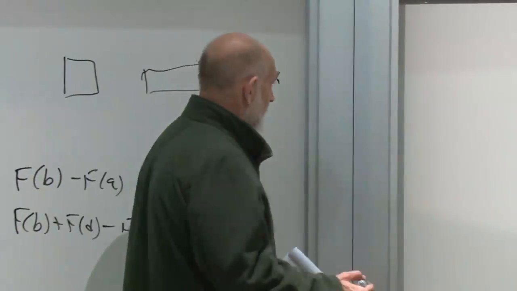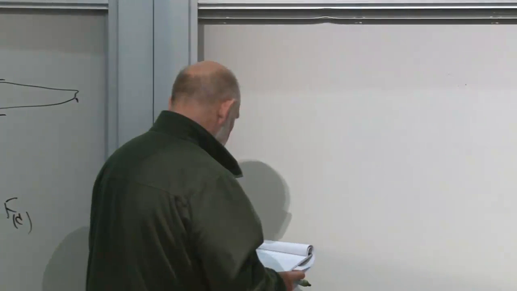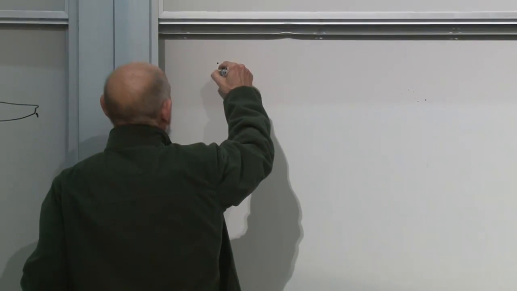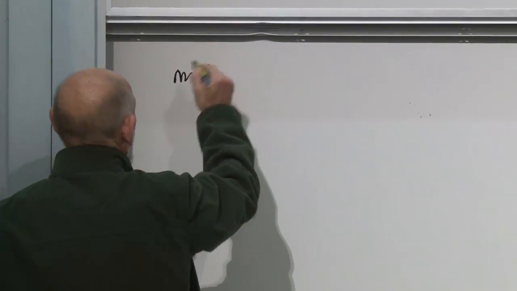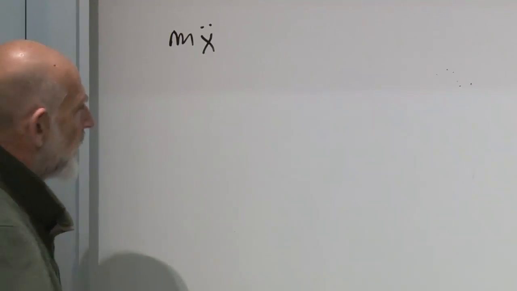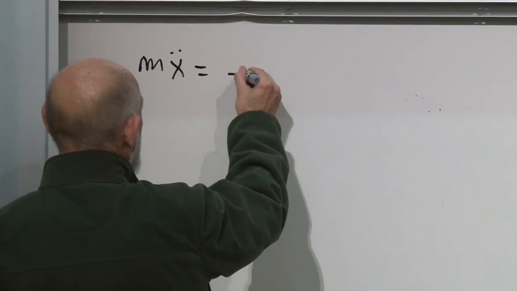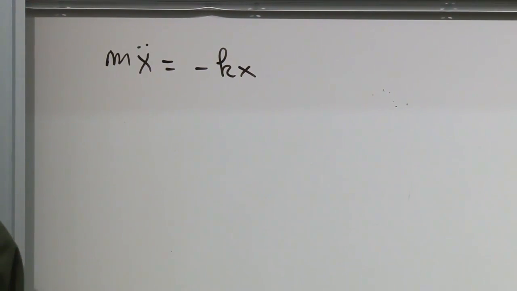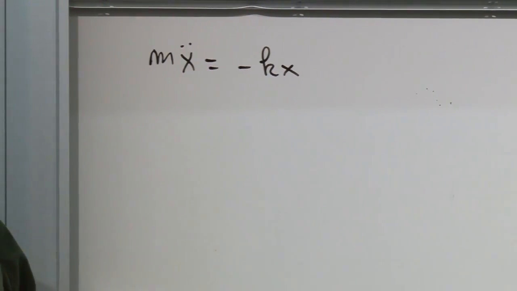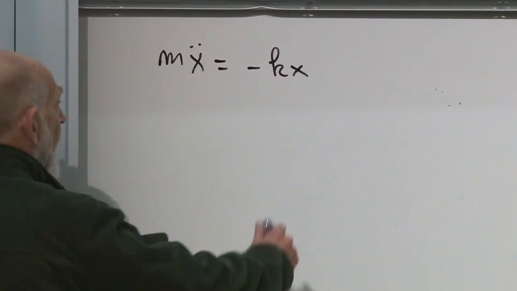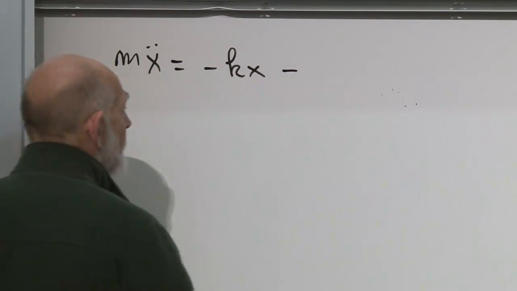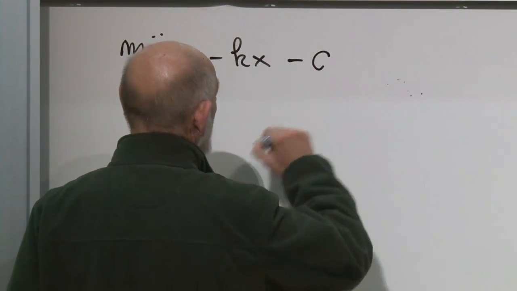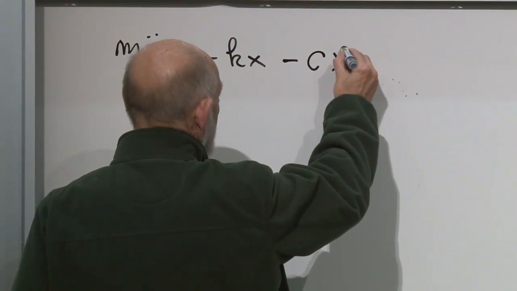Well, we could work out the equations. Let's work out the equations. The equations are m x double dot, that's acceleration, is equal to force, minus kx. That's the harmonic oscillator, the restoring force. So far, no problem. And then I'm going to add something which is the viscous drag force, minus a constant times x dot.